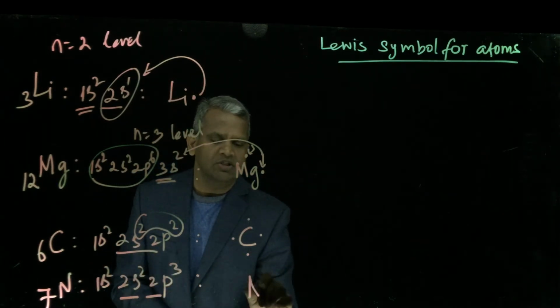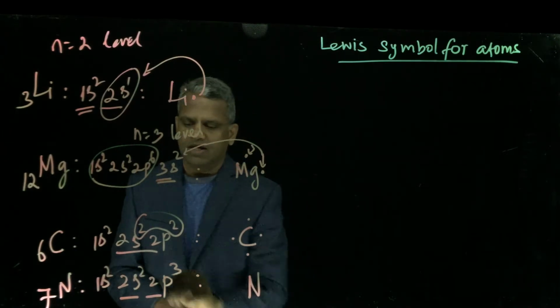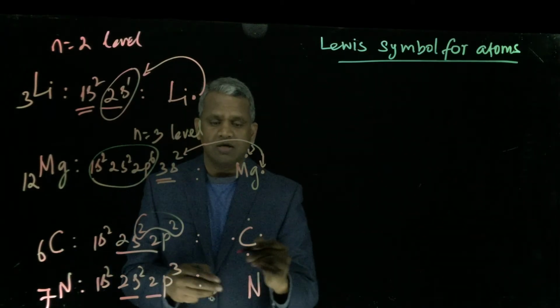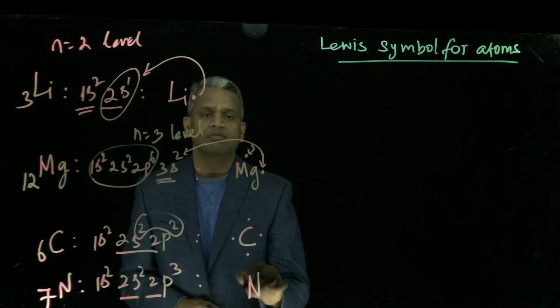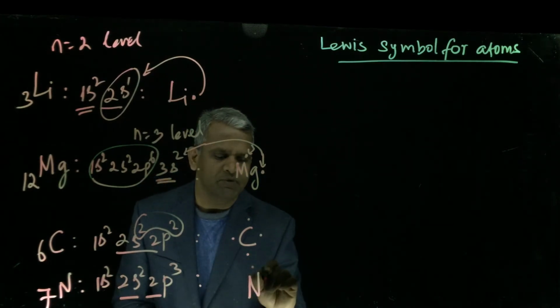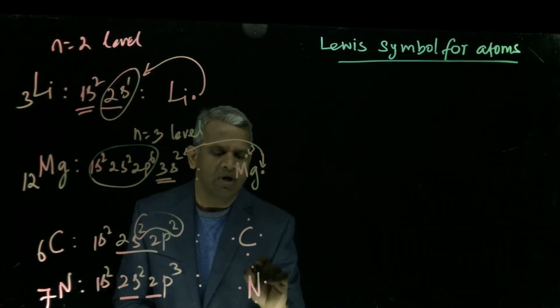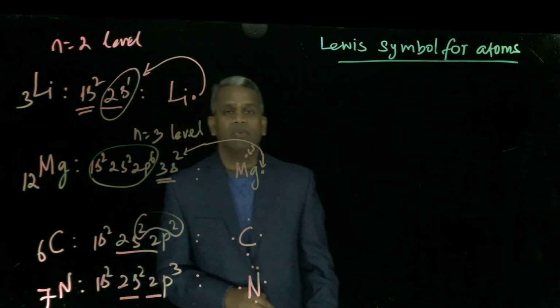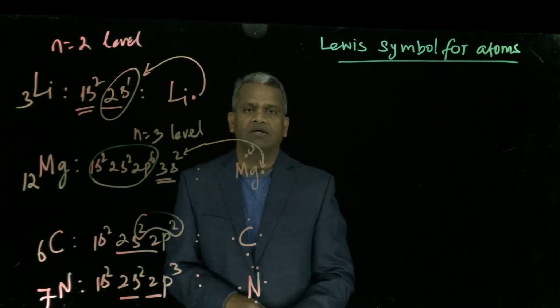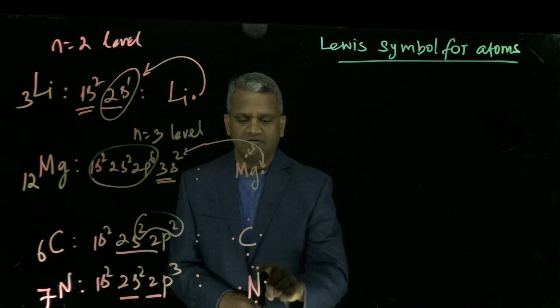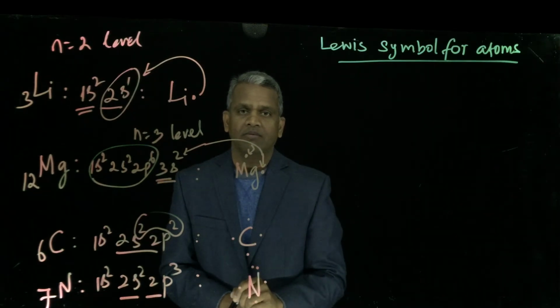So nitrogen's Lewis symbol is drawn as N, the atomic symbol, and then the 5 electrons are distributed around it like this: 1, 2, 3, 4, and the 5th electron is going to be paired with any one of the 4 electrons given in the form of dots surrounding the atomic symbol.